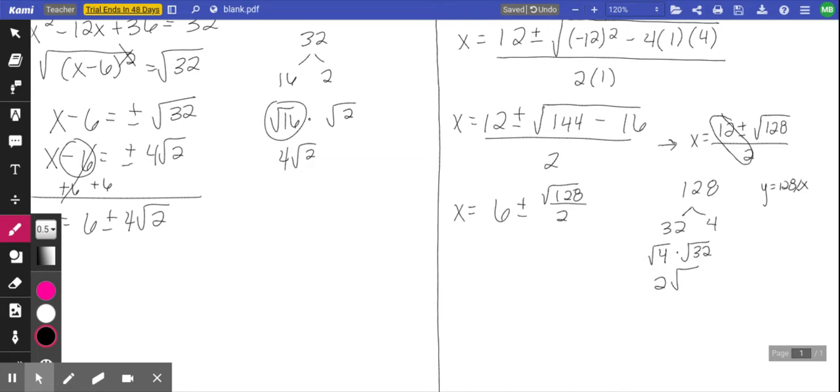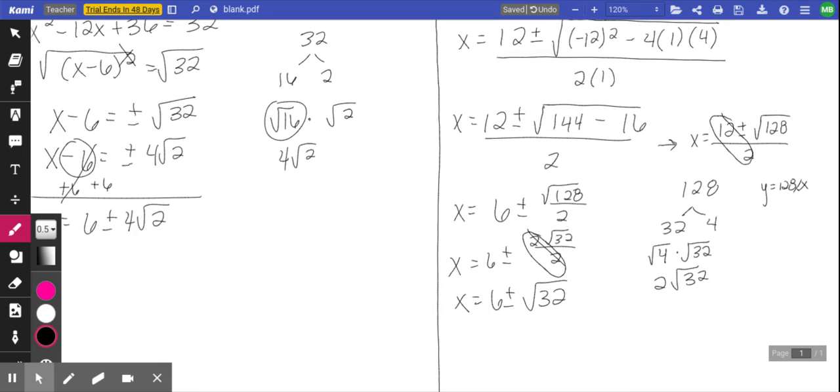So this is 2 square root of 32. And that's going to help us because we have a divided by 2 on bottom. So 6 plus or minus 2 square root of 32 divided by 2. Well, 2 divided by 2 is just 1, so those cancel. So now I have my 6 plus or minus the square root of 32.